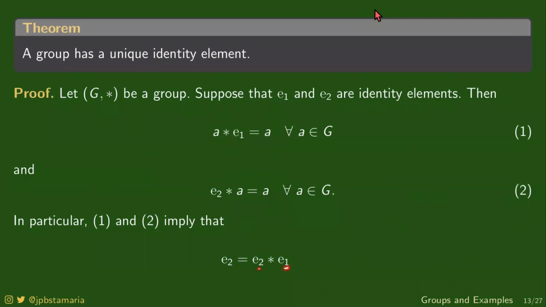E2 times E1 will be E2. Pinagpalit ko lang yung order. And then, dito naman sa second equation, i-replace mo si A ng E1, ito naman na mangyayari. E2 times E1 will be E1. So in the end, what happens is that E2 is just the same as E1. And that proves the uniqueness of the identity element.